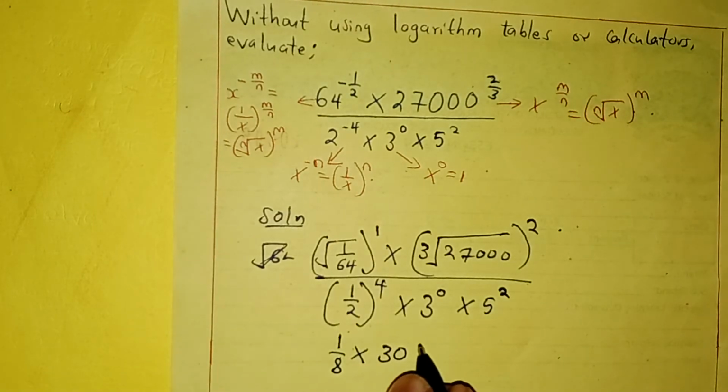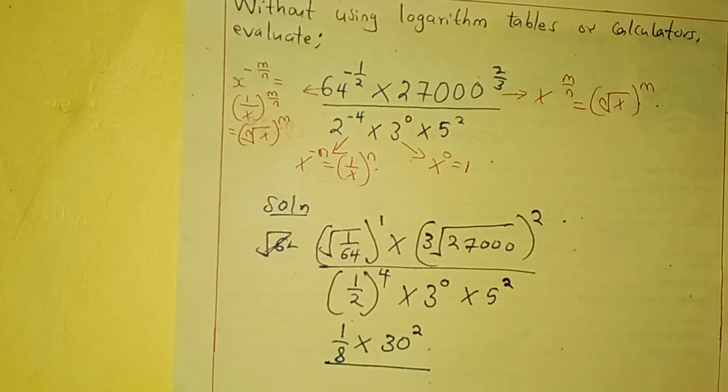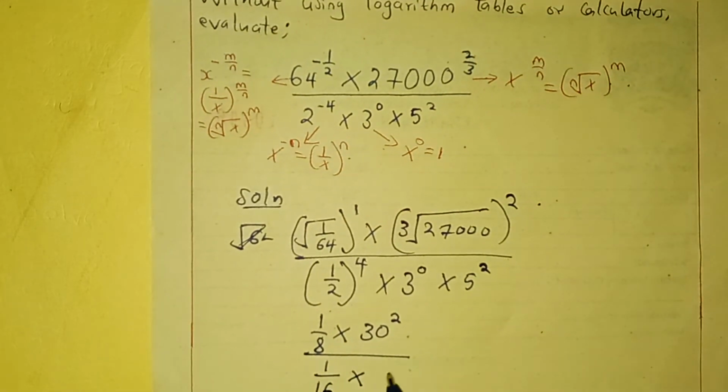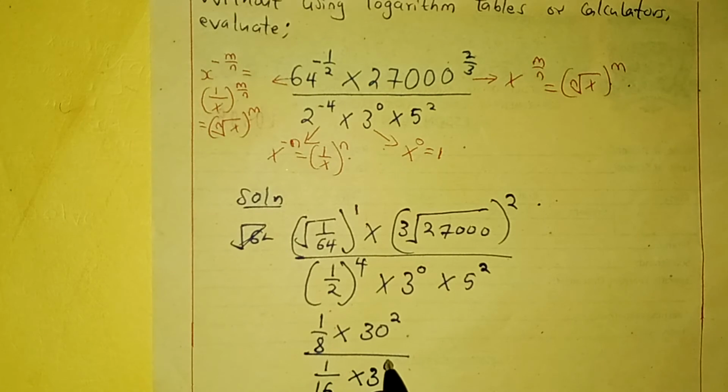So 30 squared over 1 over 2 power 4, which is 1 over 16. Then times 3 power 0 times 5 squared.